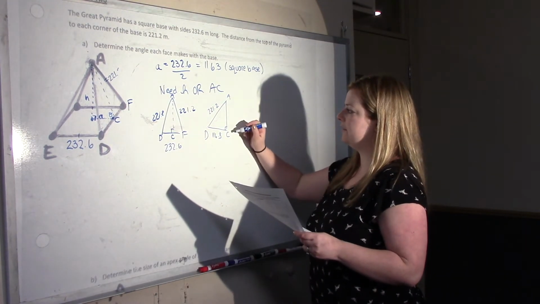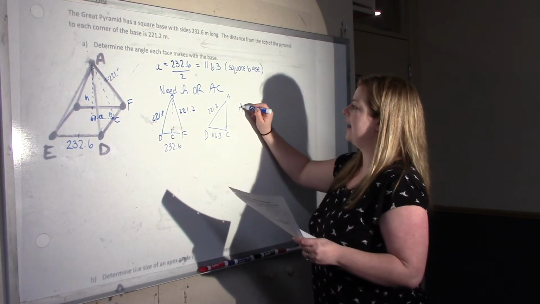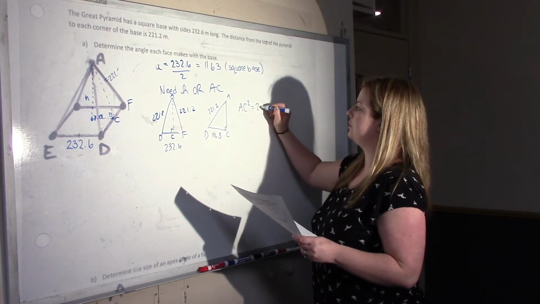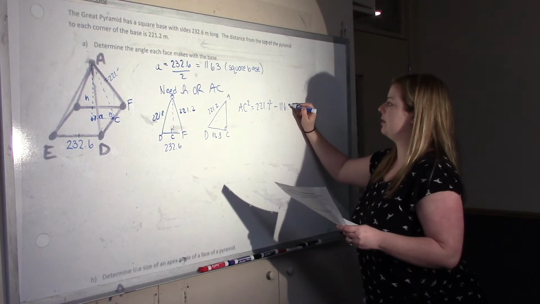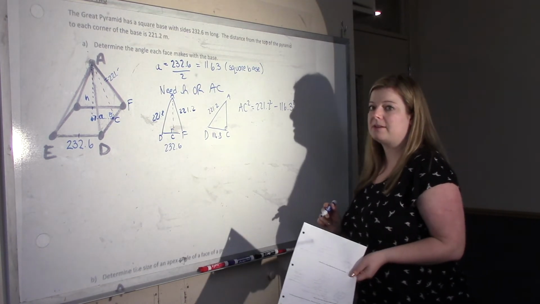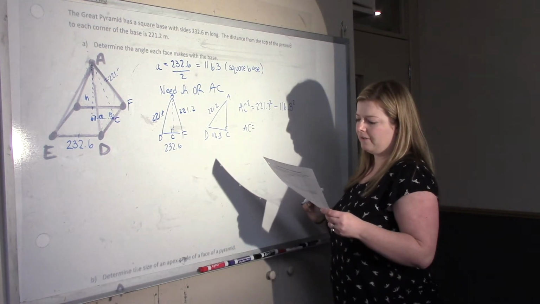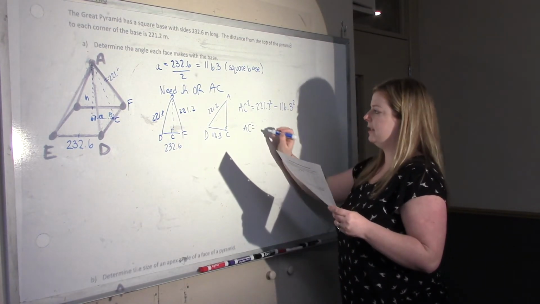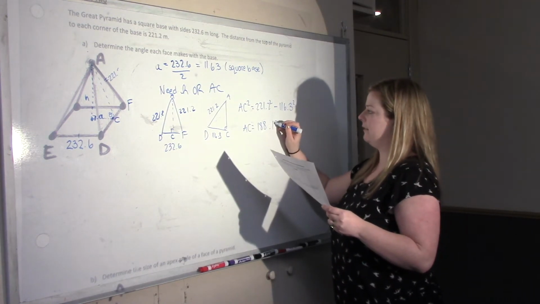Therefore, to find AC, I can just use the Pythagorean theorem. So AC squared is equal to 221.2 squared minus 116.3 squared. Okay, that's just using Pythagorean theorem. So I can rearrange and solve and find that AC is equal to 188.159.